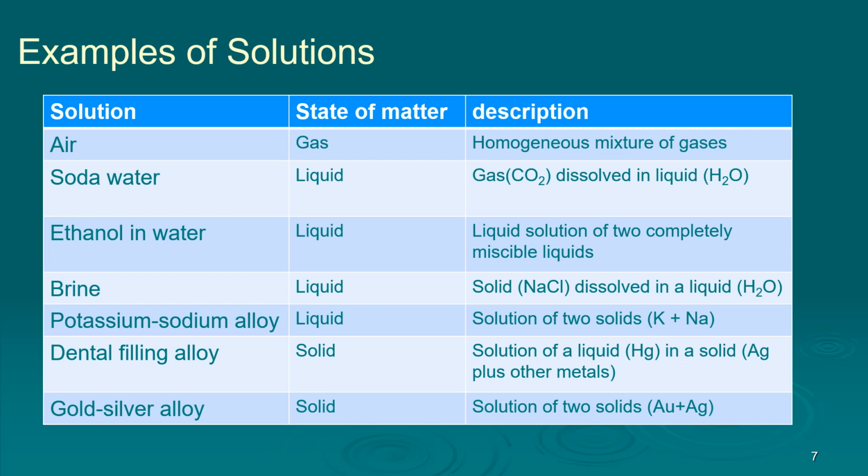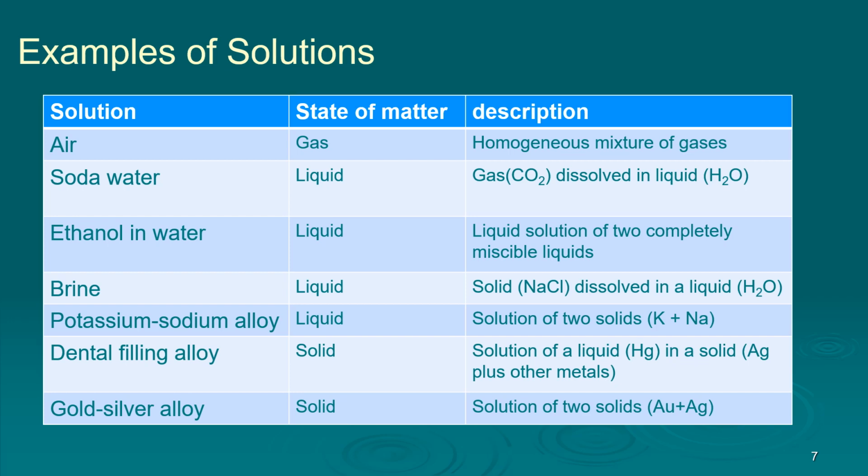Let's see, this potassium sodium alloy, I just looked it up, said that it's often used as a coolant for fast reactions. If they give off a lot of heat, they're used as a coolant. Anyway, another solid alloy is liquid mercury in solid silver, used in dental fillings.